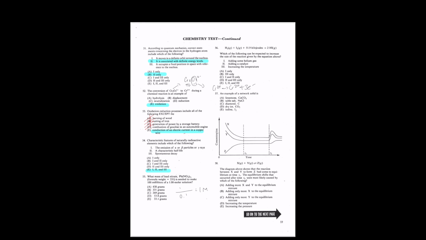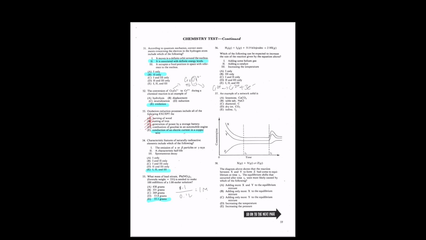You need 0.1 moles of lead nitrate in 100 milliliters of solution, because volume is always in liters and this is in moles. So 331 grams equals 1 mole, and 0.1 mole equals 331 over 10, or 33.1. Choice is E.